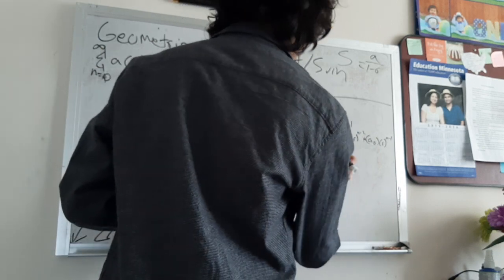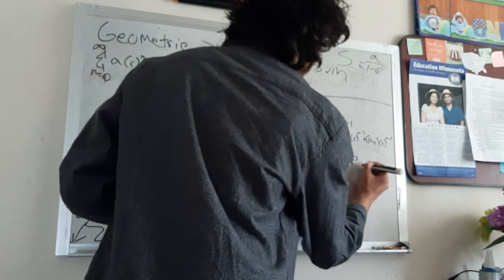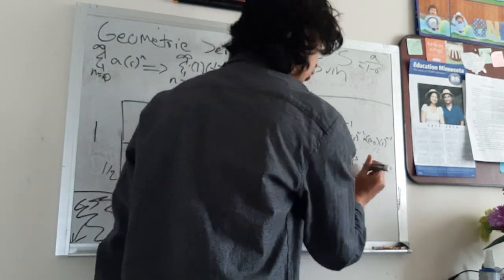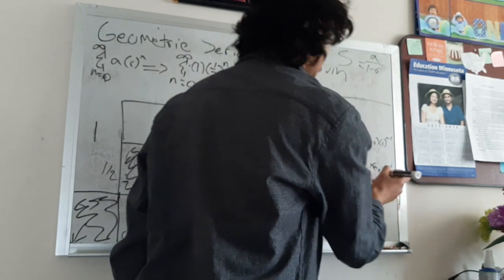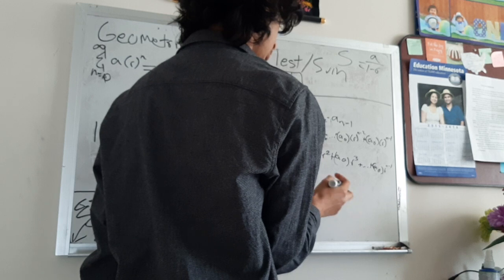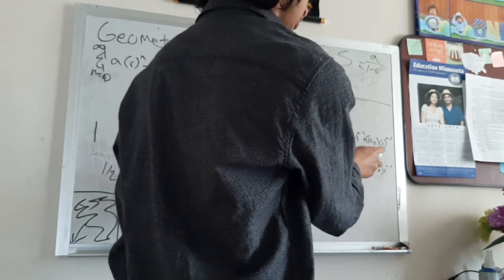This will be r1, this will be r2, this will be r3, then all the way to a naught r to the n minus 1, and then a naught r to the n.